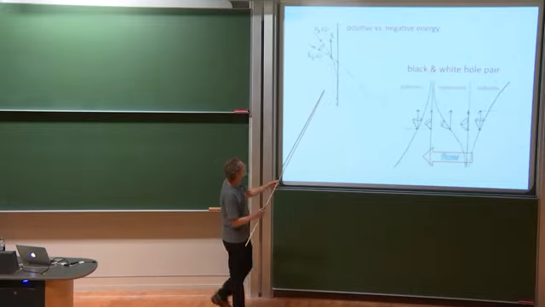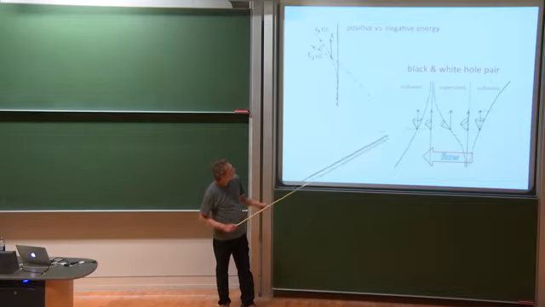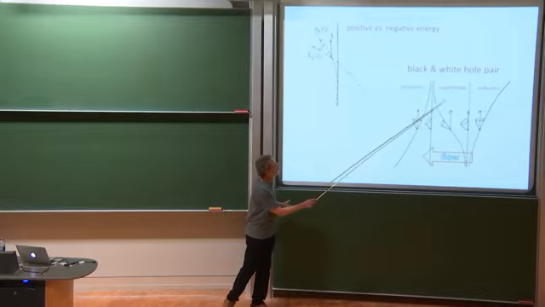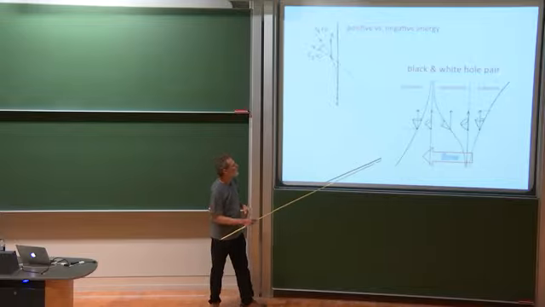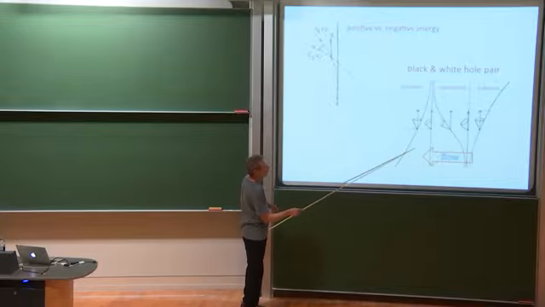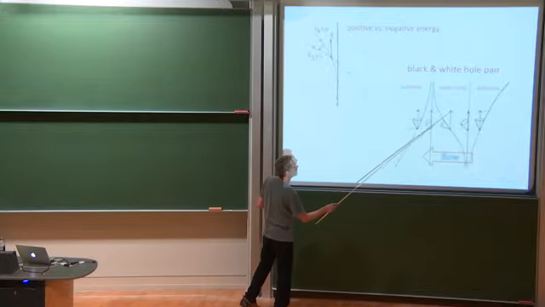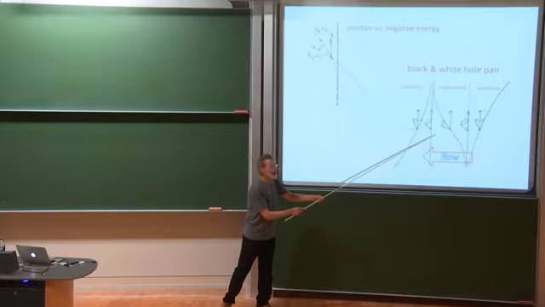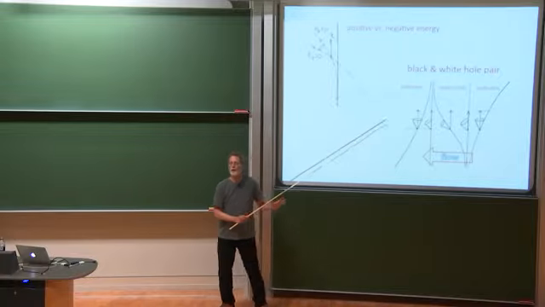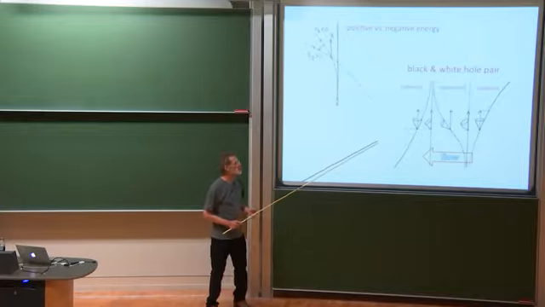Now, so far I've only talked about one horizon, but in the laboratory experiment, it turns out it's natural to create a flow that has a second inner horizon, or a white hole horizon, where the flow velocity once again drops below the speed of sound. And that creates an ergo region between the two where the flow is supersonic, and inside of which negative energy modes are trapped, like they're trapped in the ergosphere of a rotating black hole.